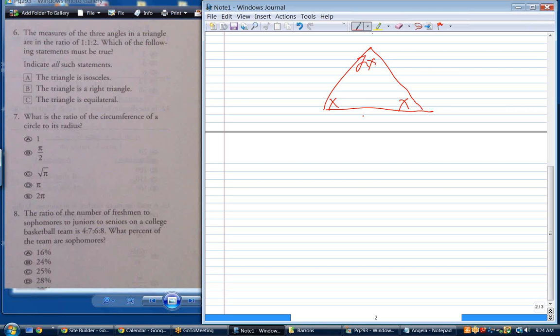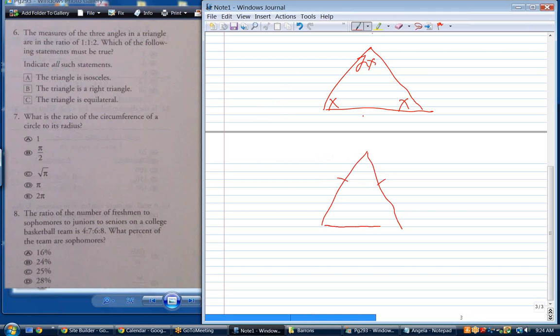I'm not going to say it's isosceles because that would be in a ratio of 1 to 1 to square root of 2. Well, hold on a moment. No. If we have 2 equal angles in a triangle, it is an isosceles triangle because the definition of isosceles is 2 equal sides.